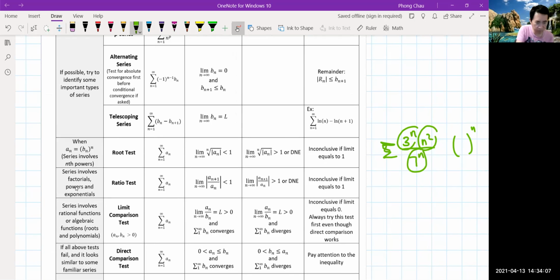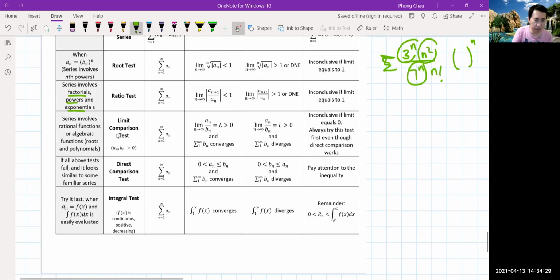When you have powers and exponentials, and especially if you ever see n factorials there, then the ratio test will almost be guaranteed to work.